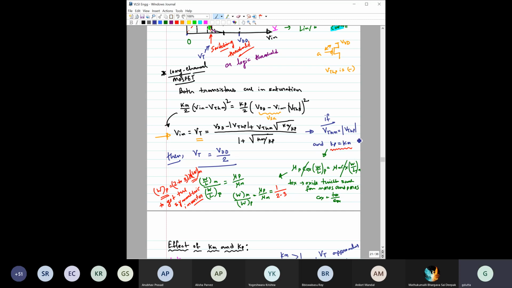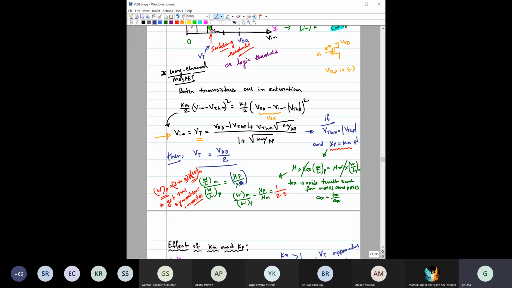If we consider particularly the case where Kn equals Kp, what are Kn and Kp? These are the transistor parameters, the process parameters, for NMOS and PMOS respectively. If we write the complete expression of Kp and Kn, and Cox is the same, from here you can easily get an estimation of what should be the ratio of W by L for NMOS and PMOS, because we know the ratio of mu p and mu n, the ratio of the mobility.